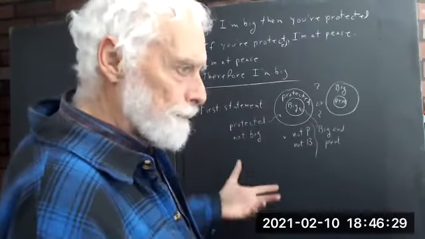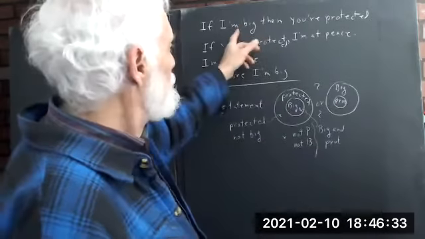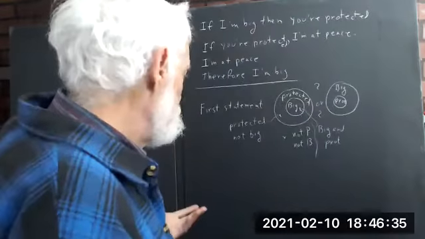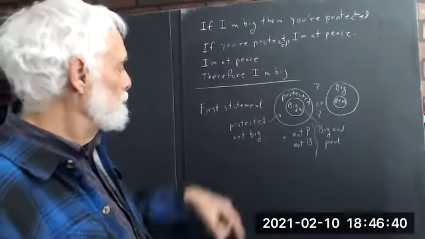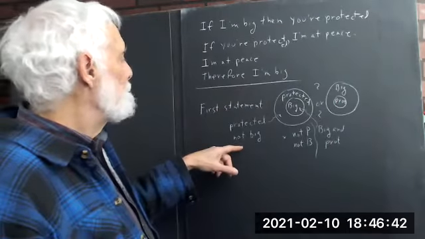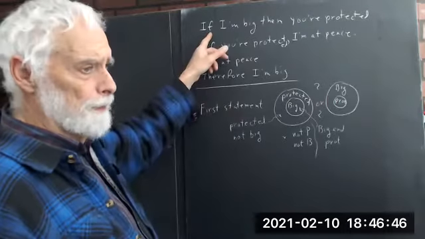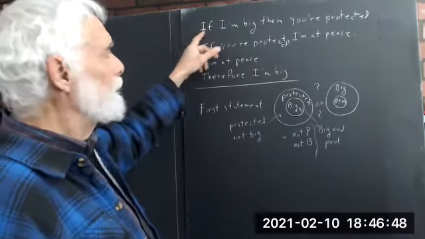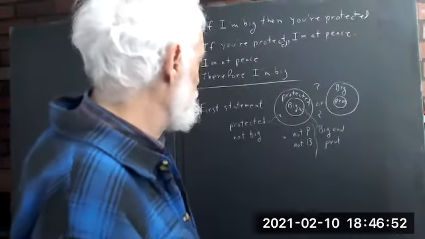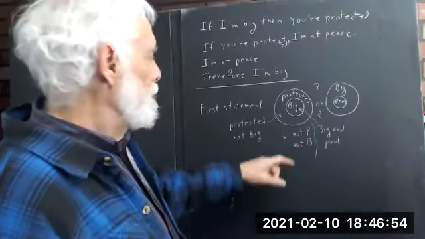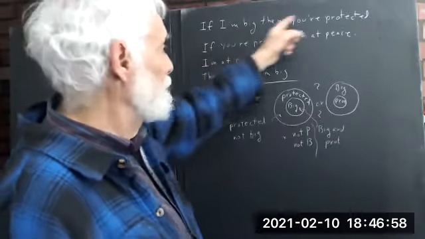Okay. So does any one of these make the statement false? Well, here you're protected. That's true. I'm not big. Okay, that's false. Well, that's if false, then true. That's true. Anything can come from a false statement. Here, both statements are false. You're not protected. I'm not big. That doesn't contradict this.